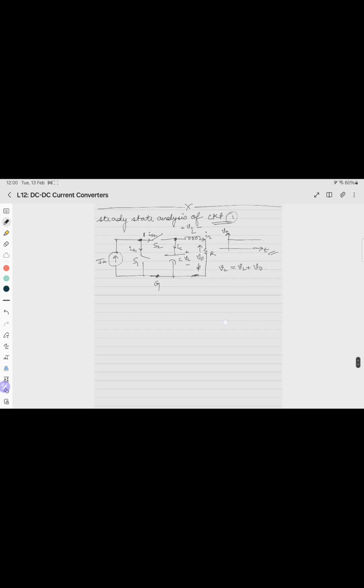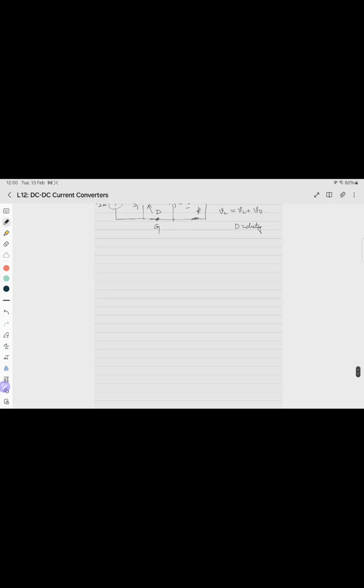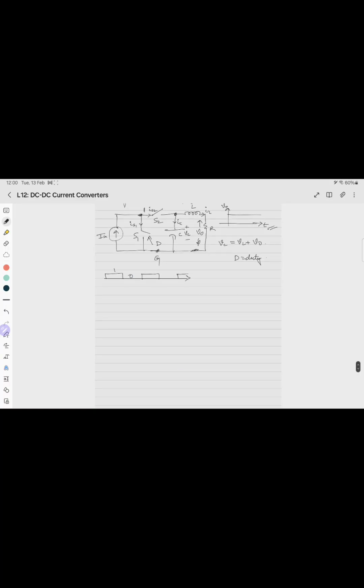So IS1 will be when the switch is on, so this is the duty ratio. D is given, where D is the duty ratio. If I draw like this, starting from this line, then this becomes my gate pulse, 1 0.